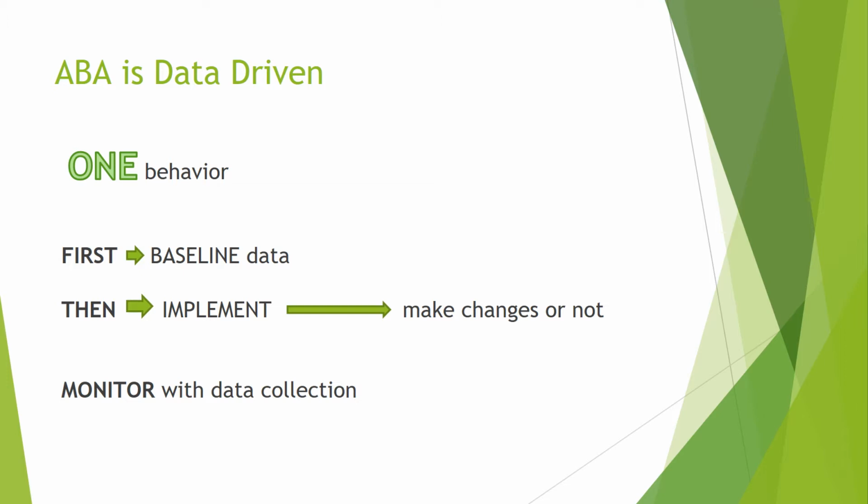And then we monitor by collecting data consistently to see whether or not the behavior is either increasing or decreasing based on what our wants and wishes are for that behavior. So there's no guesswork. We're not talking in generalities and we're not making statements such as it seems like, but we're able to provide numbers to really indicate whether or not our strategies and interventions are effective.